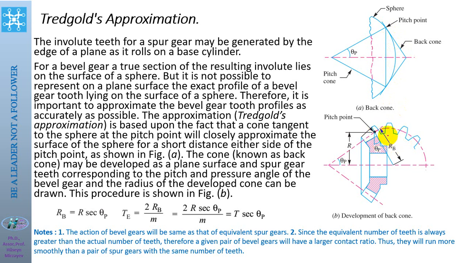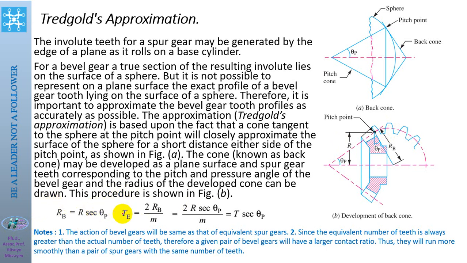In this figure, RB is the back cone radius, and this is the bevel gear, and this one is the equivalent spur gear. The number of teeth of it is called the equivalent number of teeth. The equivalent number of teeth is calculated in these forms, depending on the pitch radius of the cone and the pitch radius of the back cone.